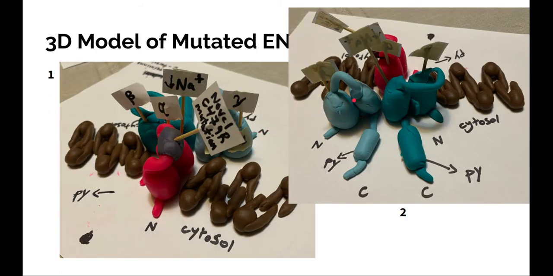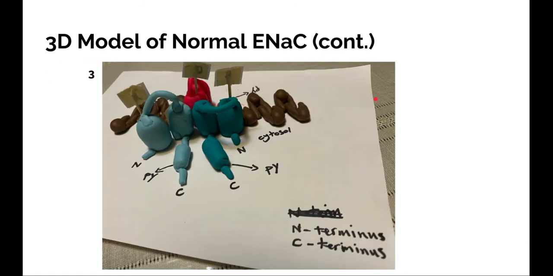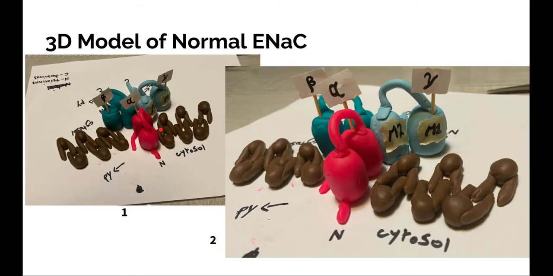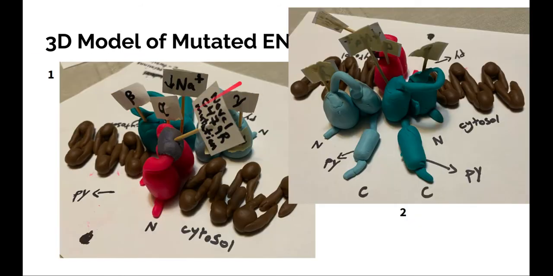So you see right here that the subunits are tilted towards each other, unlike where we have it right here a little bit far, or like there's some space between them, because we have the fast transport of sodium ions. That's why they're tilted and closer to each other.